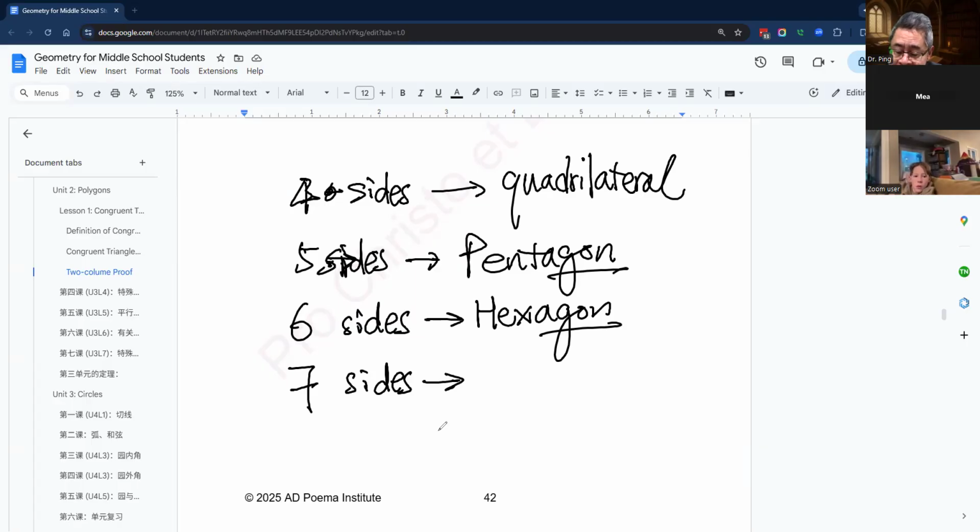Hello. Hi, sorry, it keeps kicking me. Yeah. All right, we're talking about seven sides now, okay? How do we call seven sides? Yep, it's called heptagon.